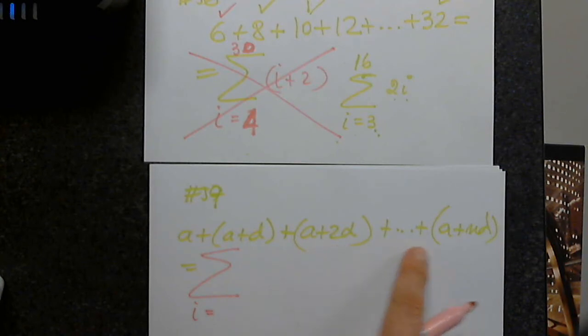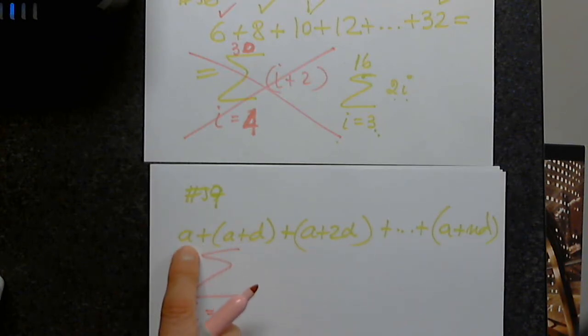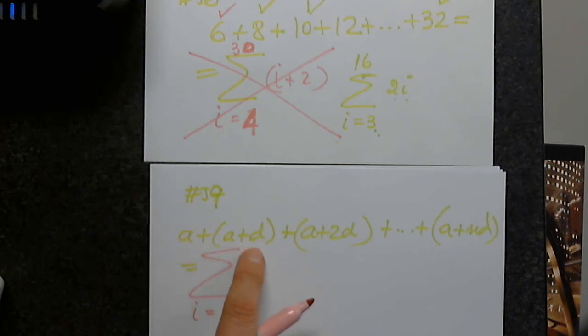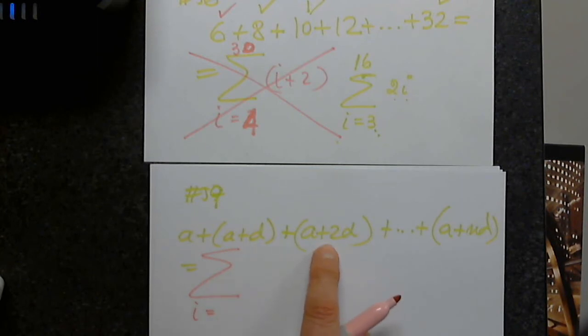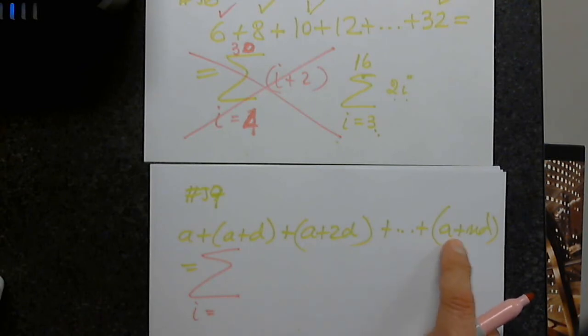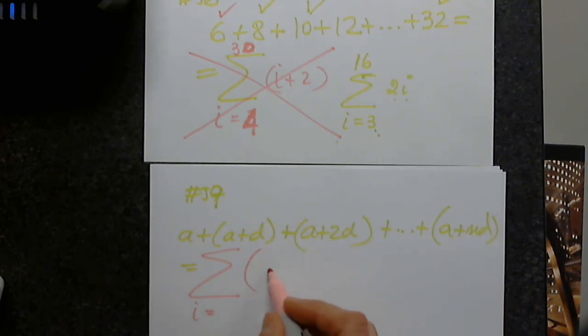So obviously there is a pattern here, right? When n is something, I get a. When n is the next one, I get a plus 1d. Then I get a plus 2d, dot dot dot, a plus nd. The first one is a plus 0d.